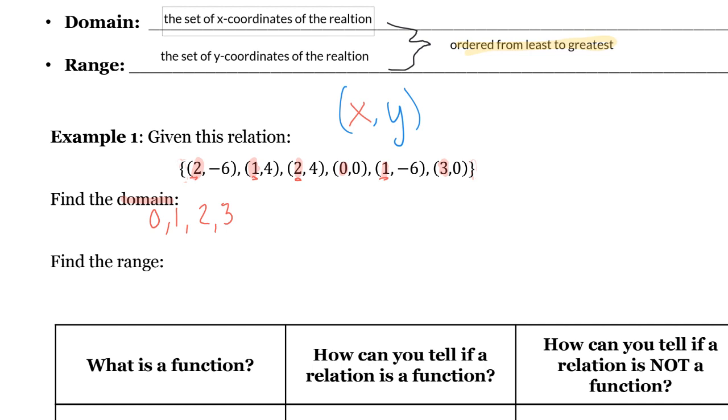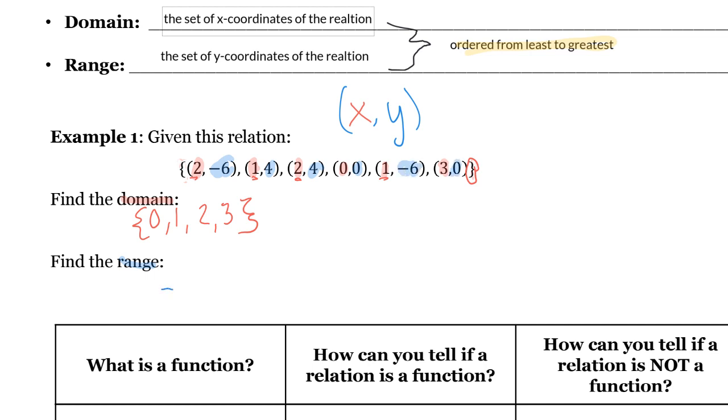And then we have to also put this in set notation. Okay, so that also needs to use the little squiggles. All right. Range is our y values. So we need to order those from least to greatest.